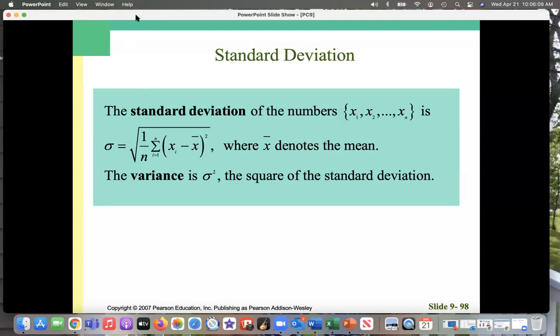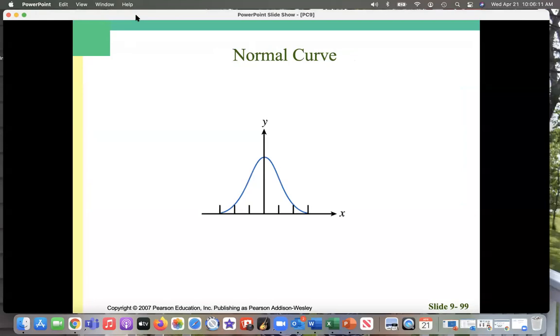Now, last thing we're going to look at today will be what's called a normal curve or a normal distribution. A normal distribution is something that's studied quite often, and sometimes it's referred to as a bell-shaped curve.